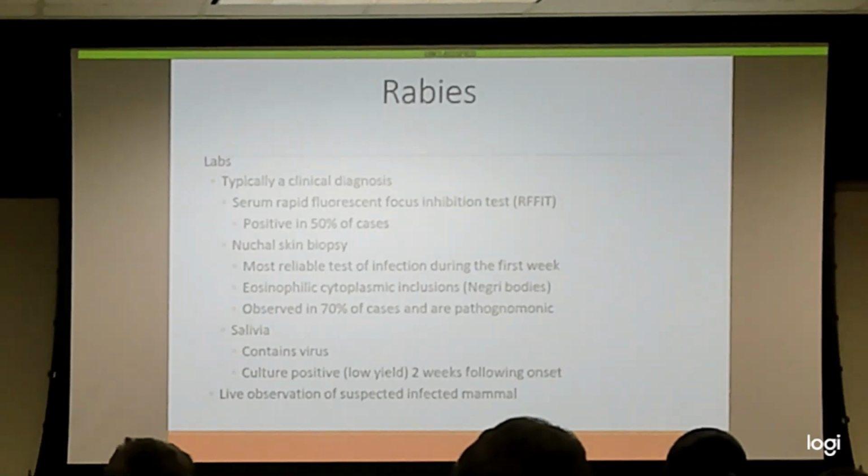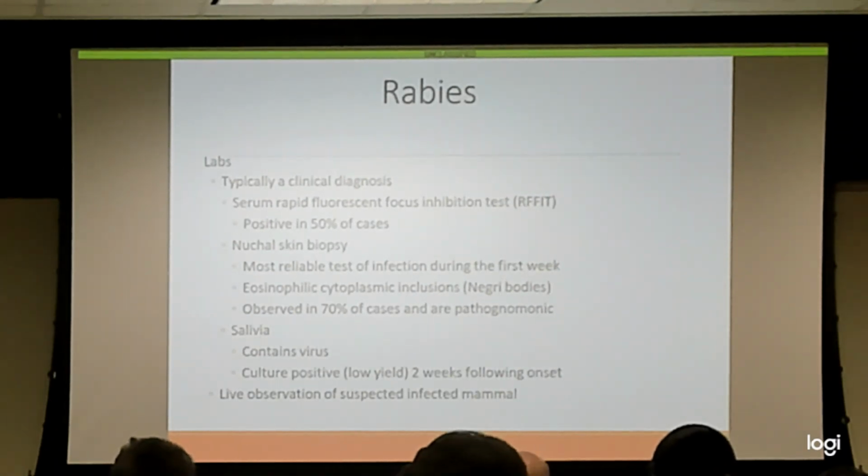So lab stuff, RFFIT, it measures the rabies neutralizing virus antibodies inside your bloodstream. So that's a pretty decent one. So you need to remember this slide. You need to remember nuchal skin biopsy, okay? You need to remember that.